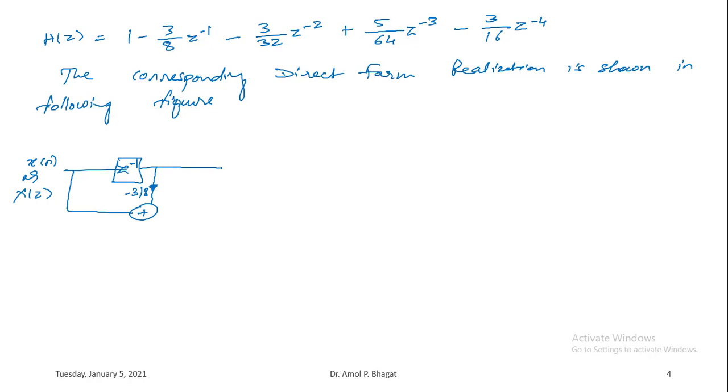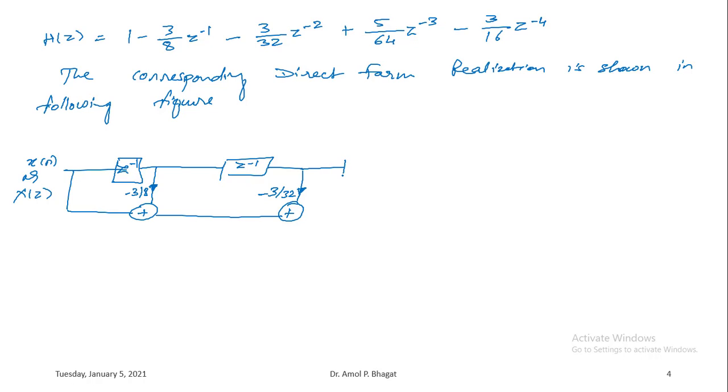Similarly, next one is again another delay element, so here you have z inverse, then here the output you will get z to the power minus 2, then again it will get multiplied with this constant, that is minus 3 by 32, then again these terms will get added here, right?